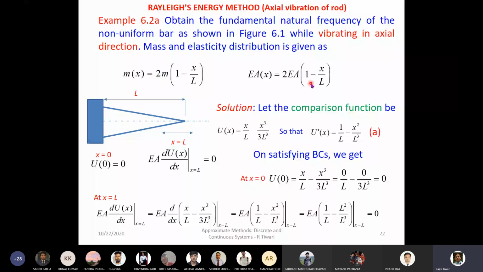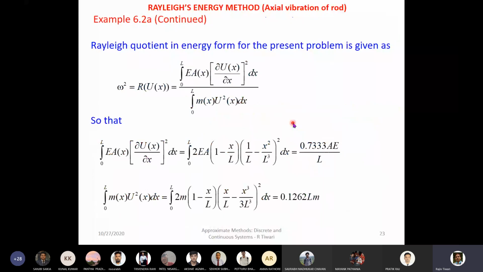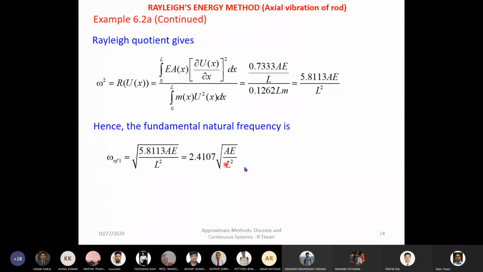But using Rayleigh's energy form, we could get the fundamental natural frequency relatively easily. In this, there's a code I have written.